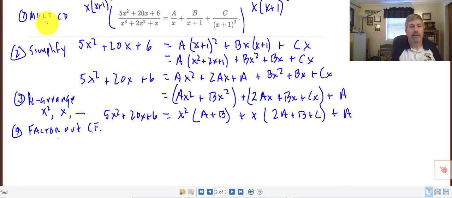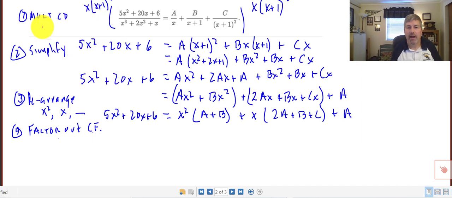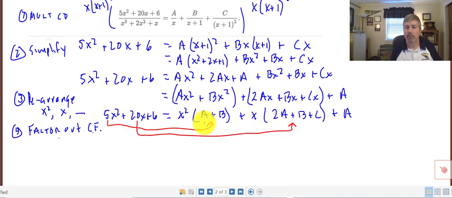So now, since our left side is equivalent to the right side, 5x squared, well, a plus b must correspond to 5. 2a plus b plus c must correspond to 20, because that is essentially the coefficient on x. And then a must equal 6.